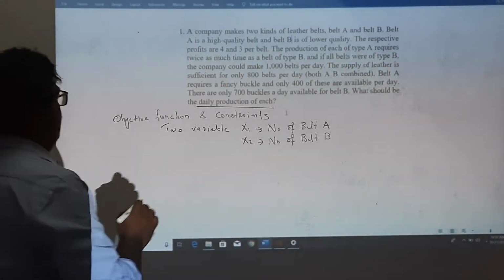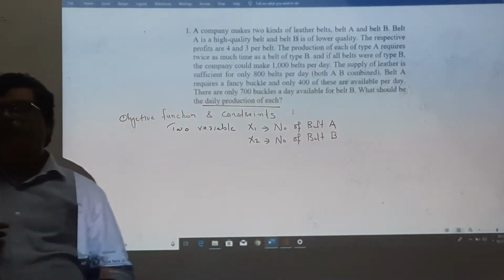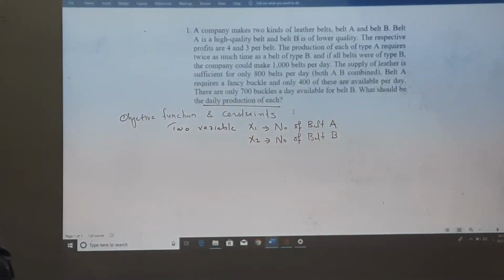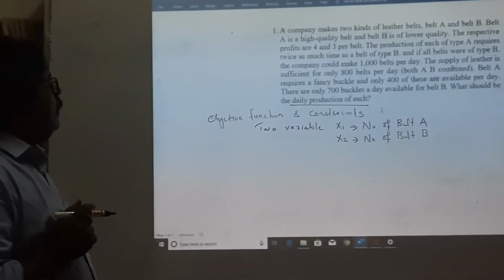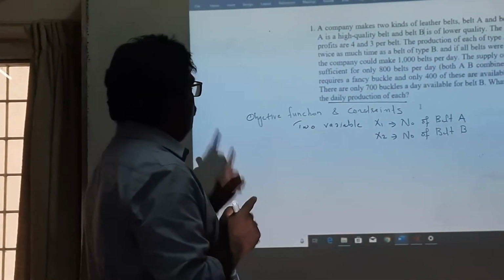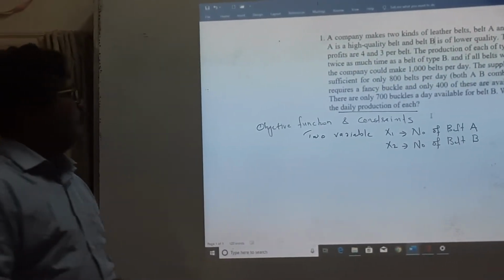Next we need to find out the objective function. So how many of X1, that means belt A, to be manufactured, and how many of belt B, that means X2, to be manufactured. In this problem only one rider is there, otherwise it is a very straightforward question.